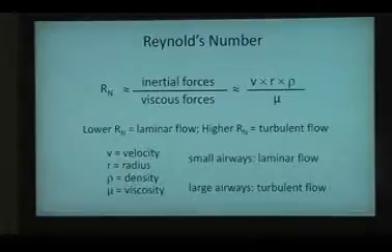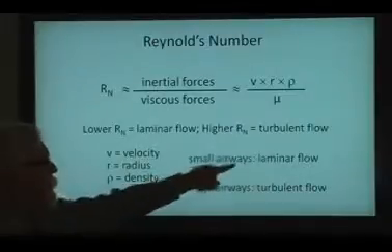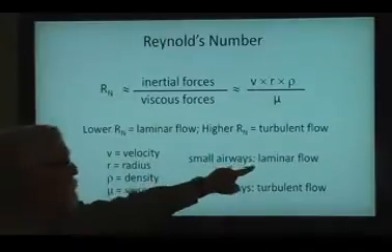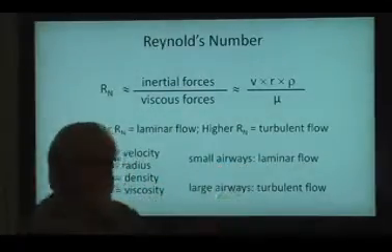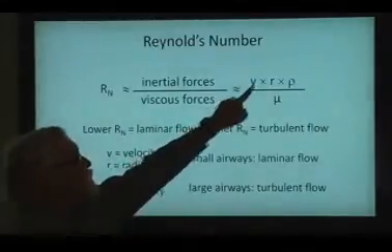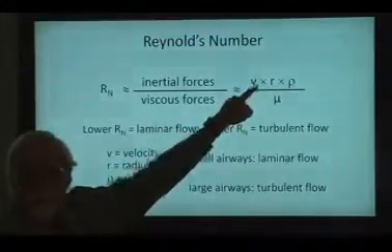So it turns out that in the small airways of your lungs, gas flow is laminar because in small airways, the velocity at which gas goes through the airway is very low.